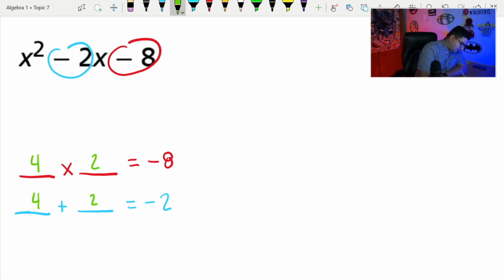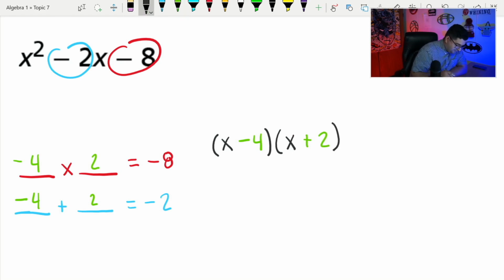The only way to do that would be to make the 4 negative. So for this one, my answer is going to be x minus 4, and then x, and the 2 is going to be positive, so plus 2. Those are the two binomials I get for factoring x squared minus 2x minus 8.